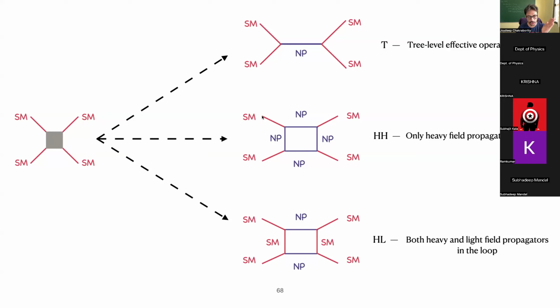This expansion will involve your loop momentum, but the del squared is actually the signature of the external state momentum. When I perform the expansion in p squared by m squared, that p squared is the external momentum. So that's how you will expand, but it will contain the loop momentum, and eventually you will perform the momentum integral, and that will give you a finite quantity.